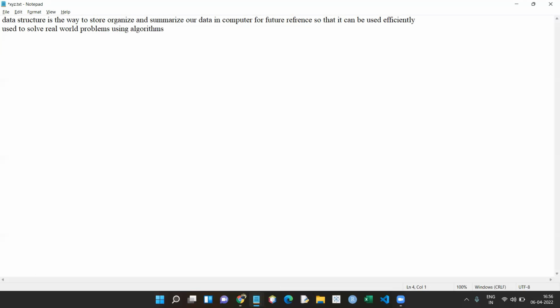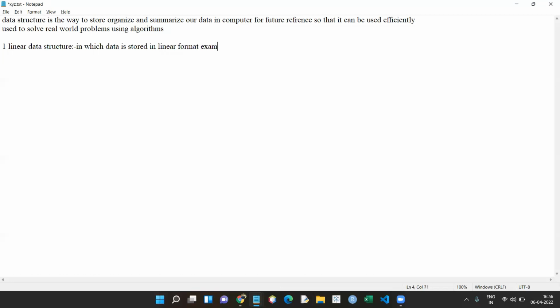So talking about the types of data structure, on the very basic level we have two types of data structure. The very first one is linear data structure. Linear data structure, what does it mean? As the name indicates, it is a data structure in which data is stored in linear format.